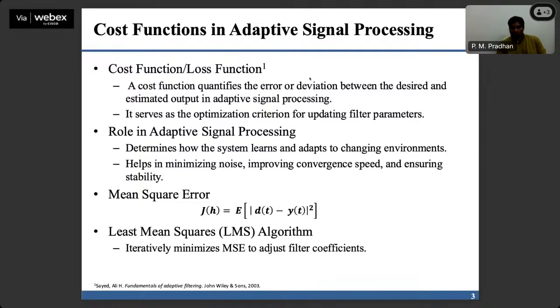So the problem with designing the cost function as mod of e(t), which is the absolute value of error, is that when you take the derivative of an absolute function, you'll get a discontinuous signum function. So that is the problem with the absolute value of errors.